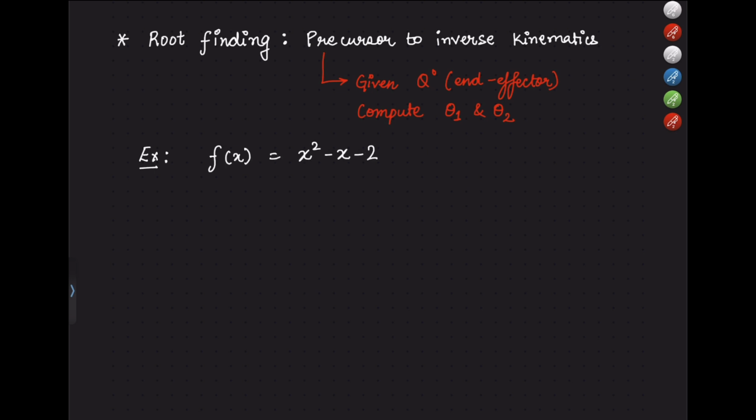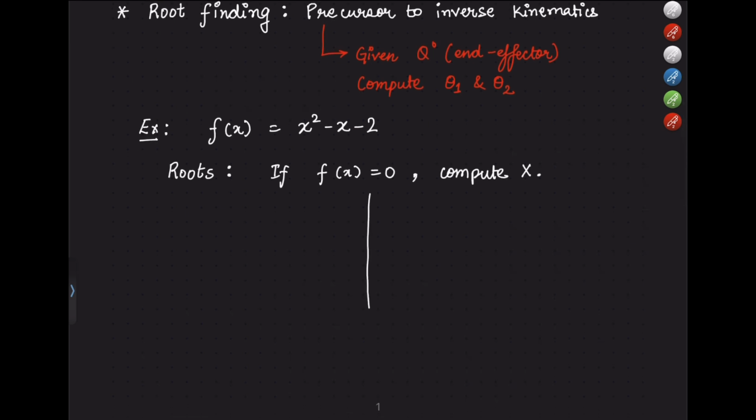Let's try to understand this with an example. f(x) equal to x square minus x minus 2, a polynomial function. The roots of this polynomial is the solution x of the equation f(x) equals 0. If we try to make the graph of this function or this equation, you'll see that it will cut the x-axis at 2 points, -1 and 2.